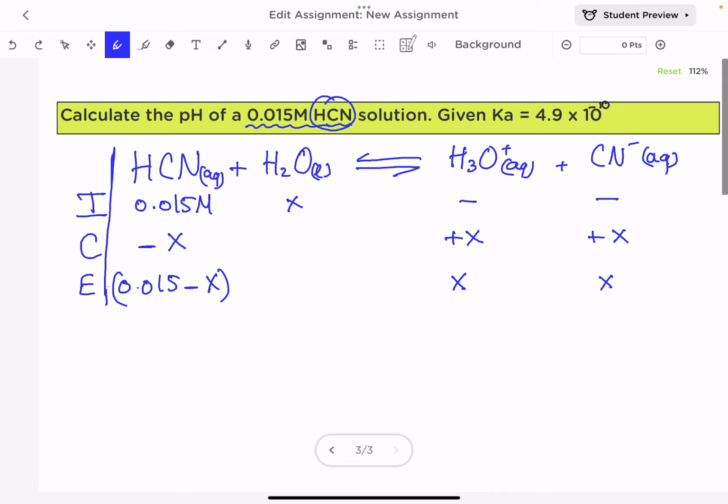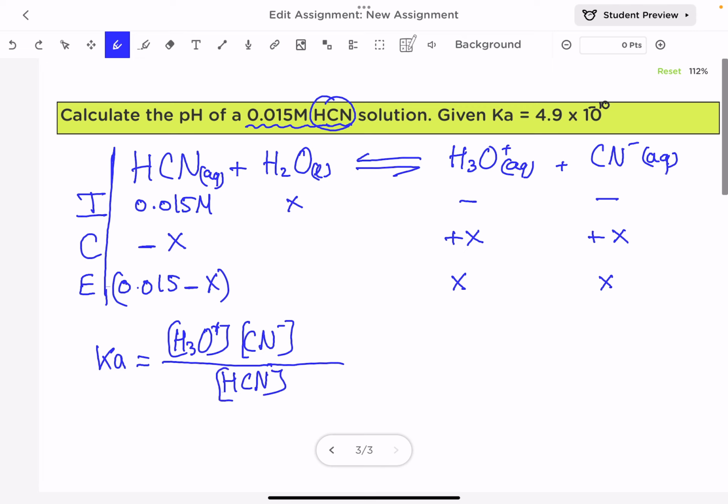Now, after doing the ICE table, we write the formula of the Ka, the ionization constant of this acid, which is equal to the concentration of H3O+ multiplied by the concentration of the cyanide, CN-, over the initial concentration of the acid.